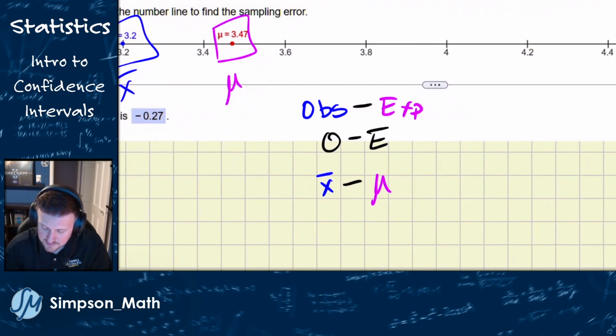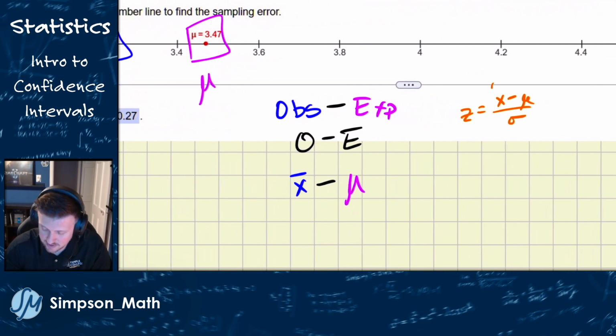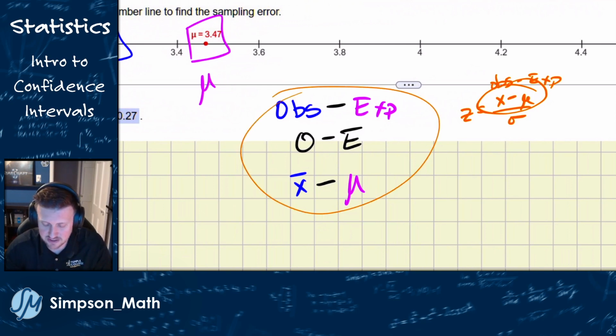Notice this idea, observed minus expected, we see in z-scores. So this is not something new. When you do x minus mu over sigma, this is what I observed minus what I expected. This numerator is just a deviation. That deviation is what we see when we do the standard deviation formula. So these are basically versions of a deviation.